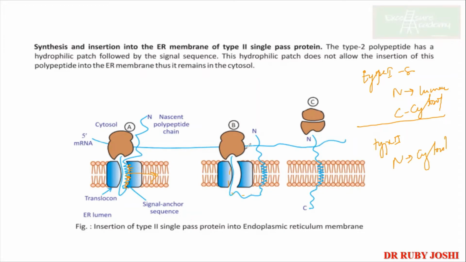The moment the entire mRNA has been translated, the translocon will translocate this portion into the lumen. That's how you have your C terminal in the lumen and N in the cytosol. Did you see the difference in the figure? Are you able to imagine how exactly these proteins are getting inserted into the membrane?